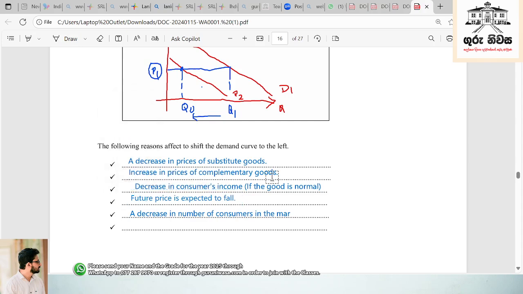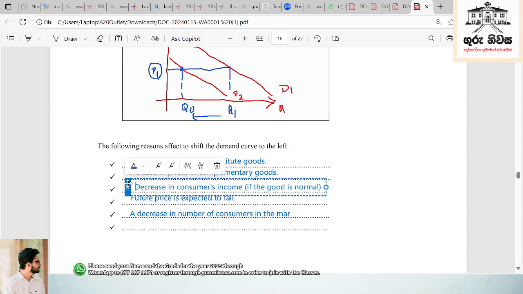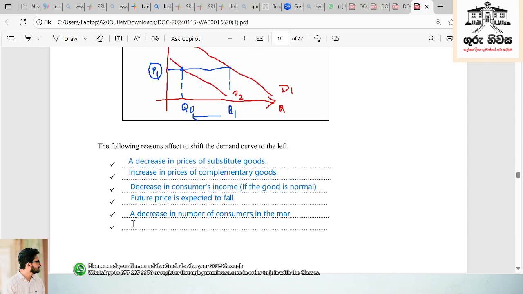Next one, fall in consumer taste. Anything?